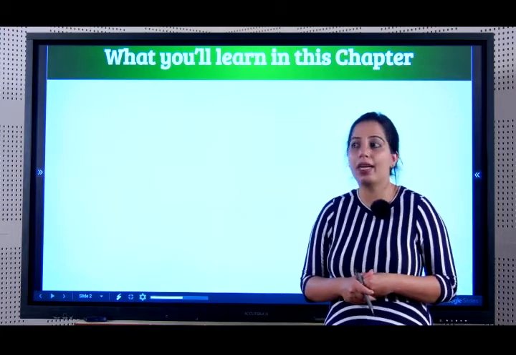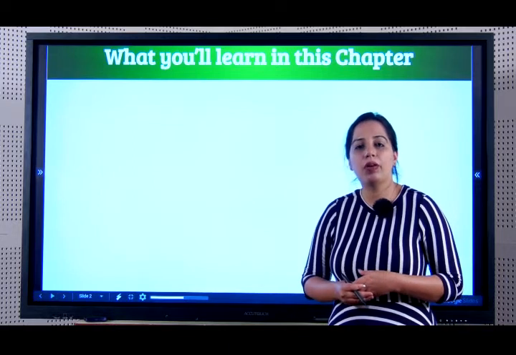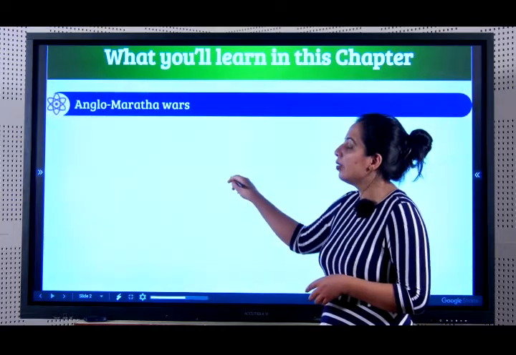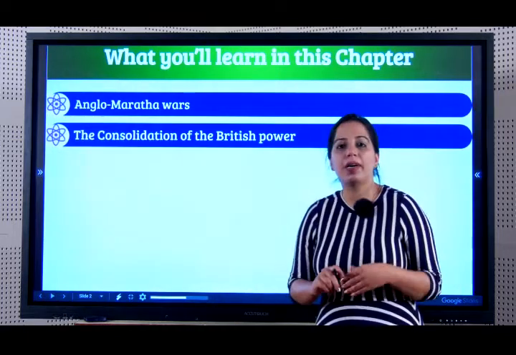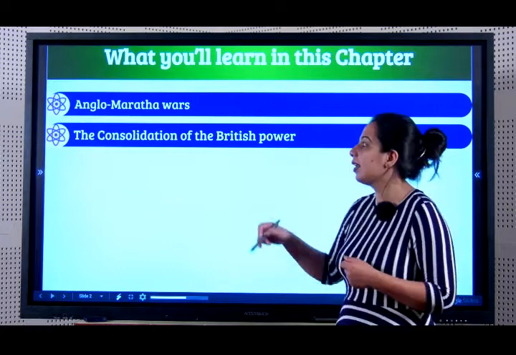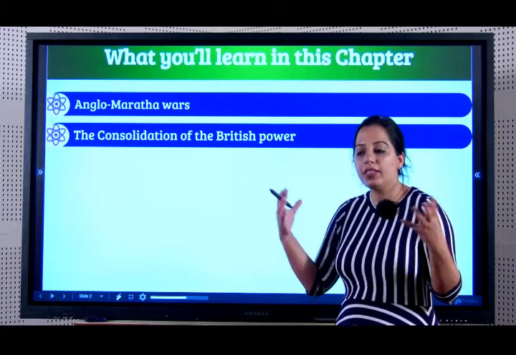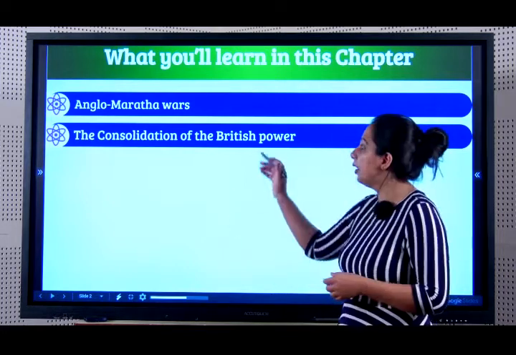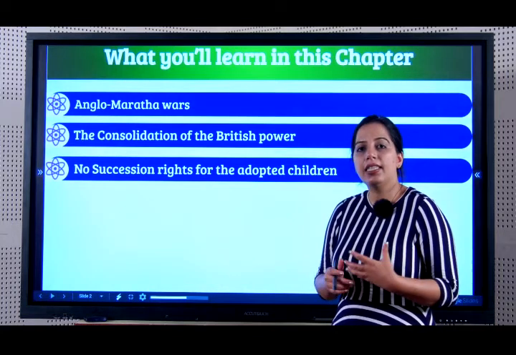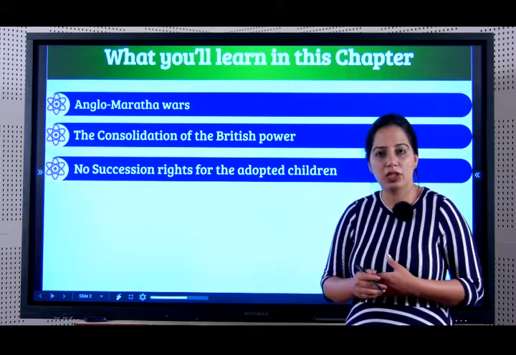So students, I always tell you, before we start learning a chapter, we must know what topics will be covered in the chapter. In this chapter, we are going to learn about the wars fought between the English and the Marathas, known as the Anglo-Maratha Wars. After this, how the British consolidated their power. Amongst the Indian kings, there were no succession rights for adopted children.